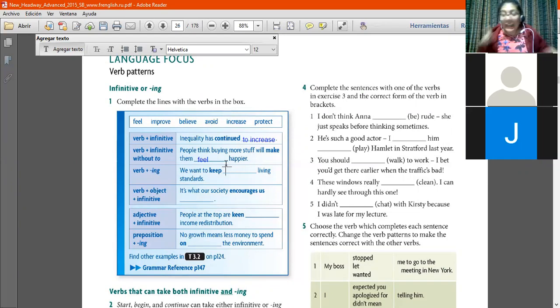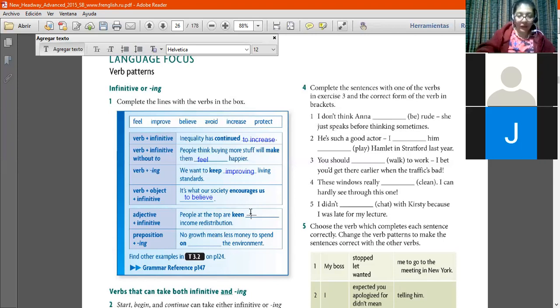Improve. Improving, with ing. Standards. It's what our society encourages us to believe. To believe. Yes. People at the top are keen to avoid.